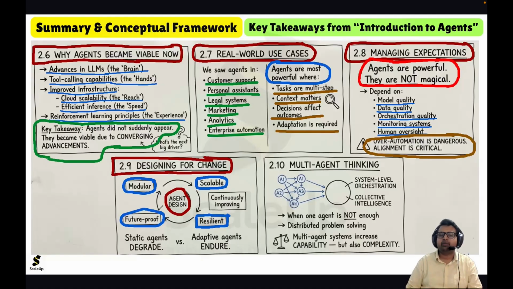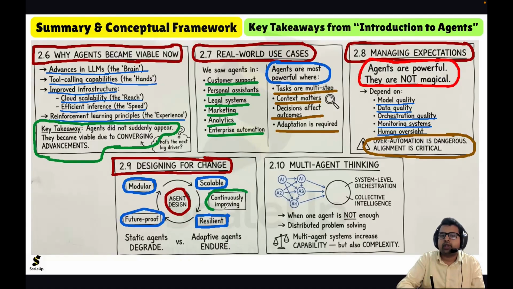We have to keep in mind the modular architecture, the scalability, the resilience, and the future proofing. And for the agentic AI application, we should start with a very small scope, and keep on evolving it. We call it continuously improving.